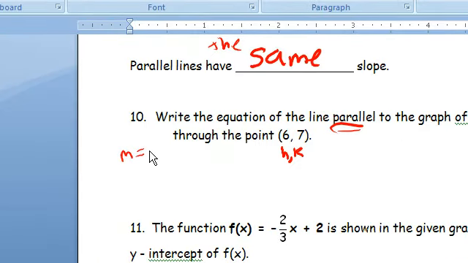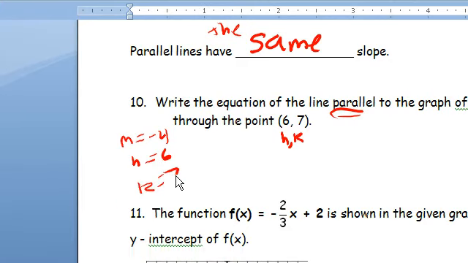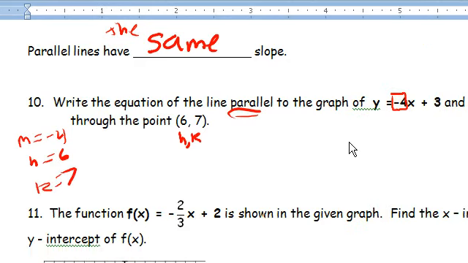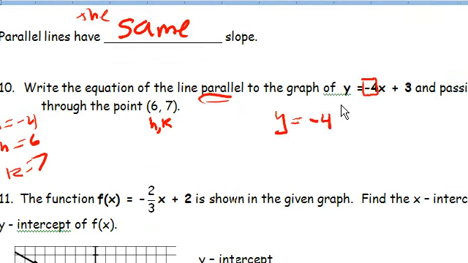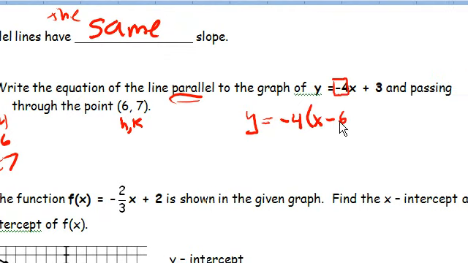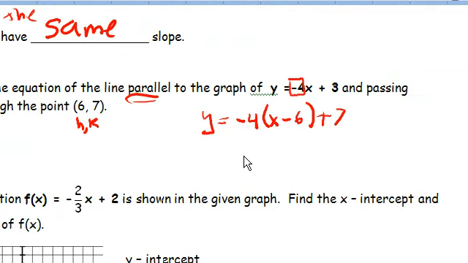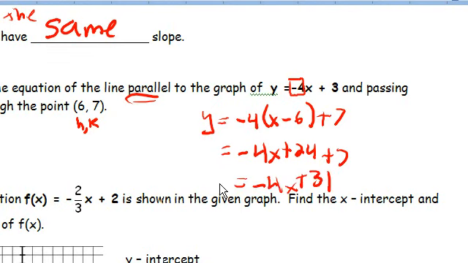So m equals negative 4, h equals 6, k equals 7, and we'll plug those all into our point slope form equation. Y equals negative 4 times x minus 6 plus 7. That equals negative 4x plus 24 plus 7, which gives us negative 4x plus 31.